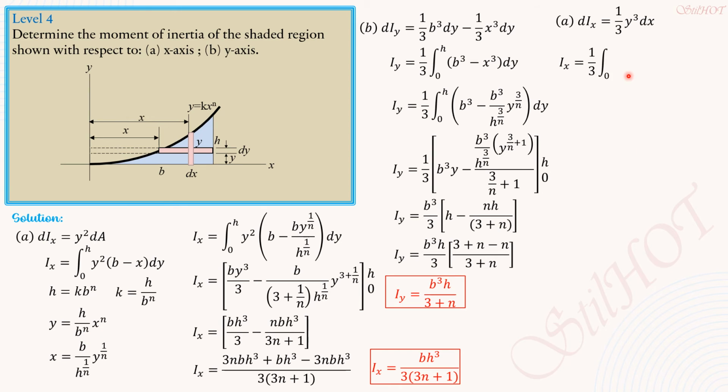So Ix equals 1/3 integral from 0 to b this time, because the variable is x, from left value 0 to right value b, of y cubed, so h cubed over b to the 3n times x to the 3n, which is now this dx. So this is constant, we put it before the integral sign, then the integral of x to the 3n dx is x to the 3n plus 1 over 3n plus 1.